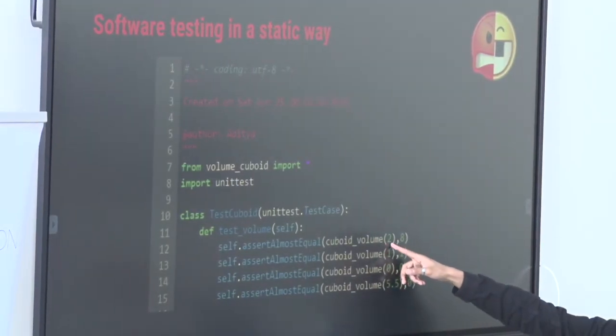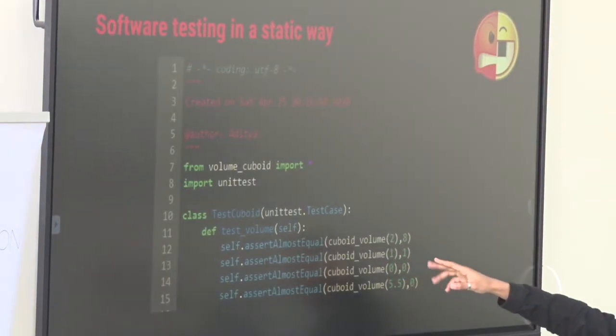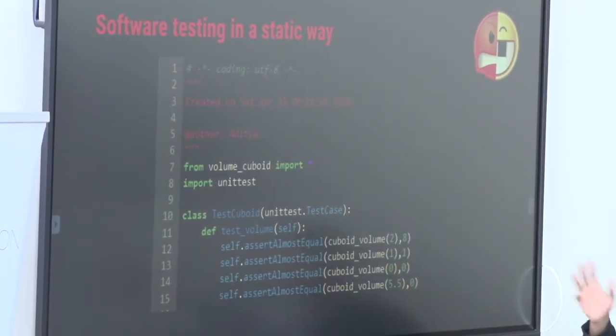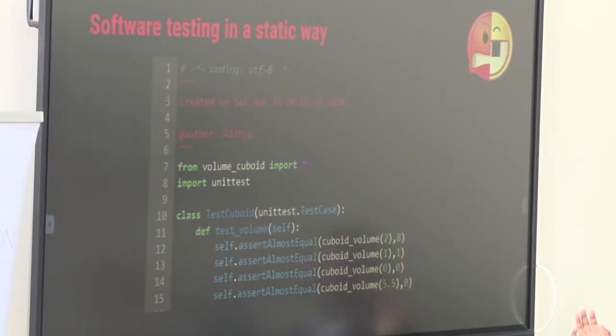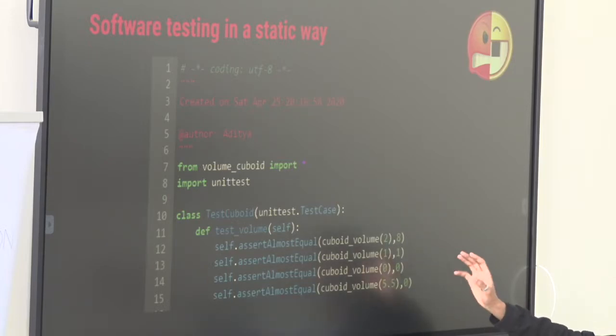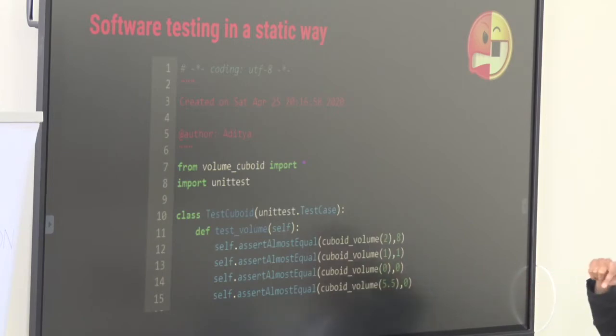You can see here we have 2, 8. So your cuboid volume is a function that does something, probably calculates the cube of a function, or maybe finds the area of a cube.